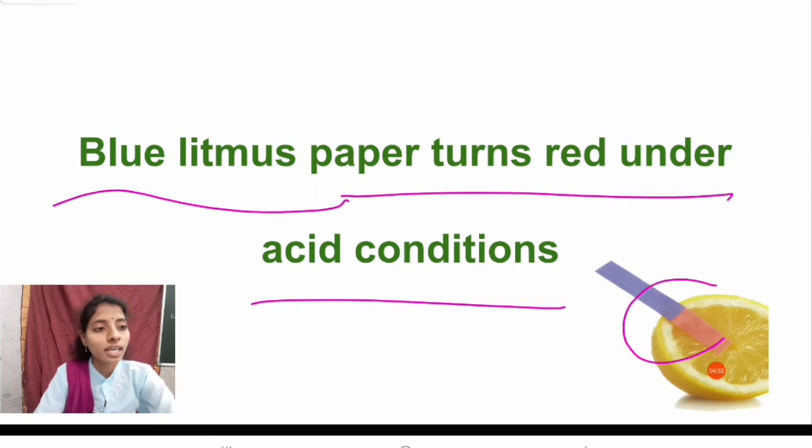So, that indicates the lemon is having acidic nature. So, from this we can say that the acid solutions change the blue litmus paper into red. So, they are acidic in nature. The solution is acidic. So, blue color litmus paper turns into red under acid conditions.